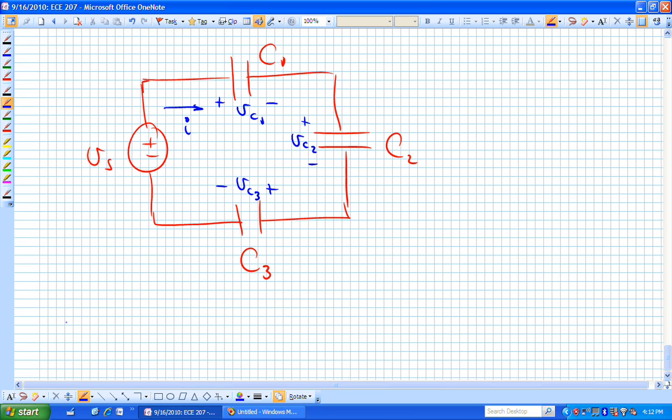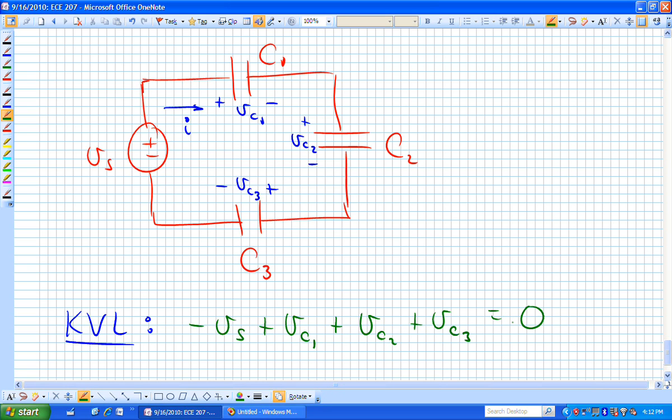To get there, though, we want to show a relationship between all of those voltages, and that can be obtained by saying KVL has to be true around this particular circuit. KVL in this case is minus V sub S plus V sub C sub 1 plus V sub C sub 2 plus V sub C sub 3.